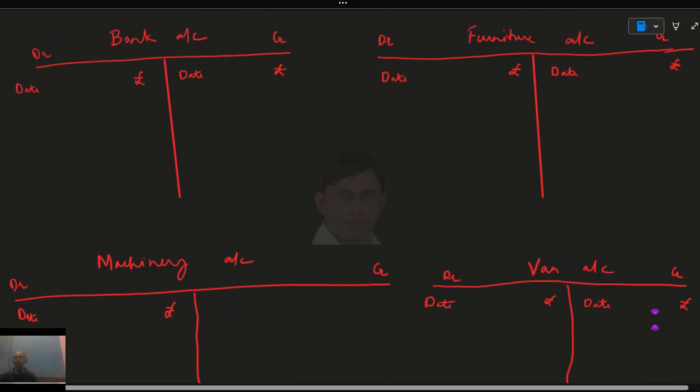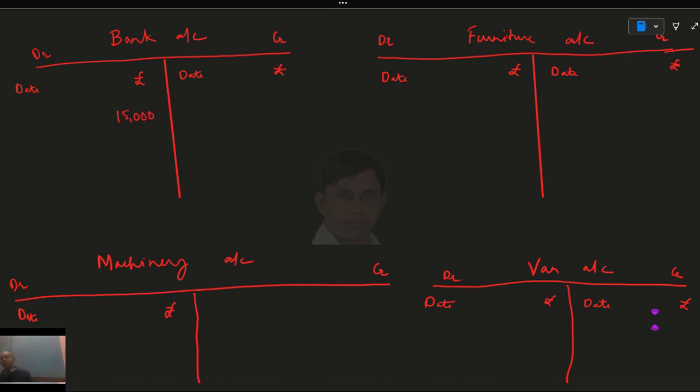Bank account is debited with 15,000 because asset has increased.